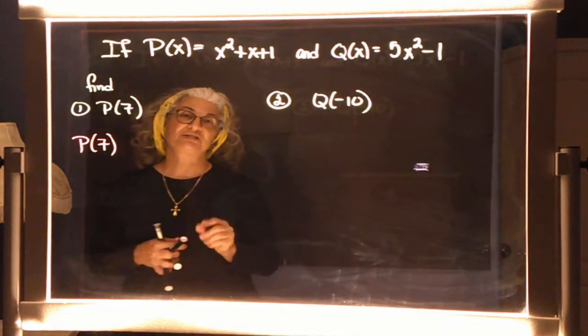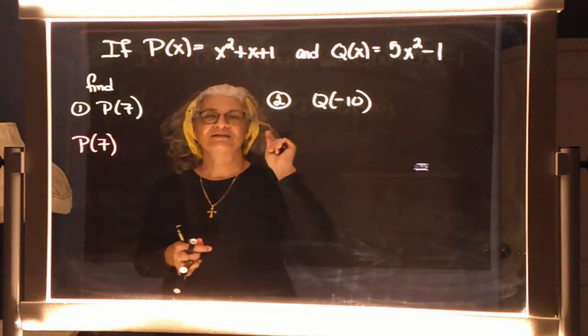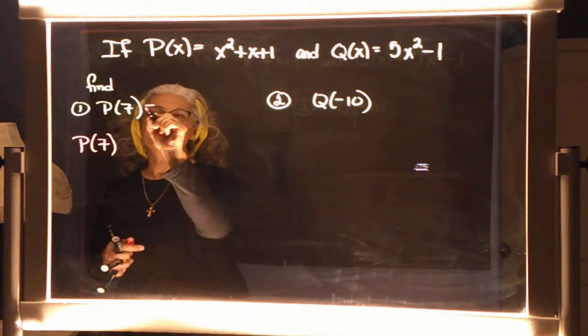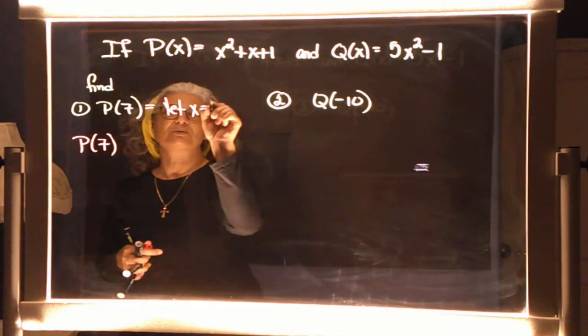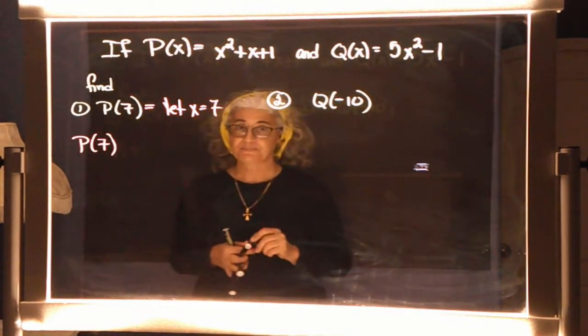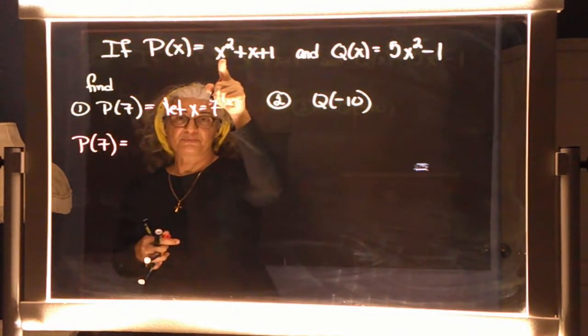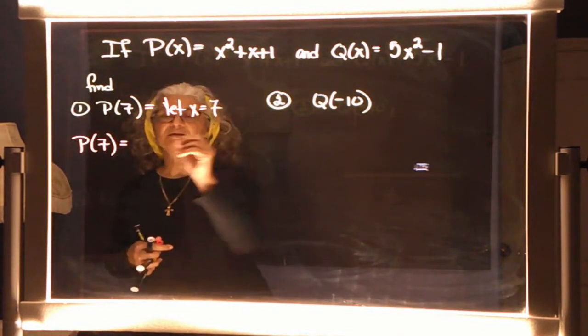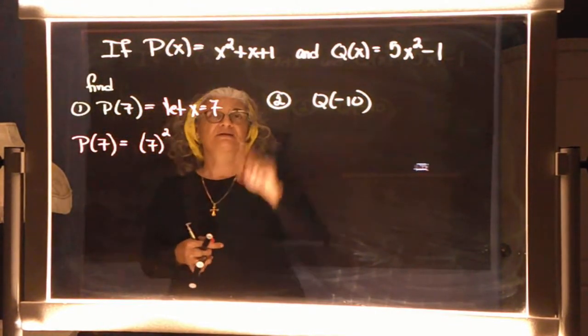So what did 7 do? 7 took the place of x. So this is equivalent to them saying, let x equal 7. Are you with me? Okay, so x squared, but instead of x, I'm supposed to write 7. So I'm supposed to have 7 and square it.